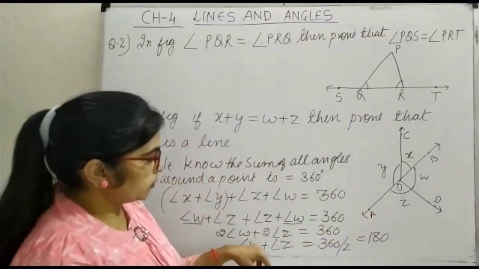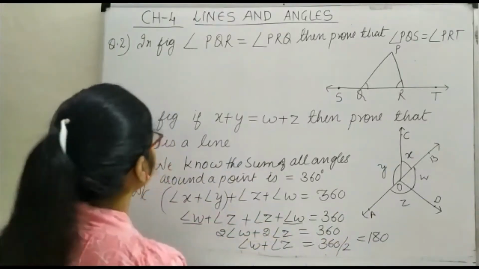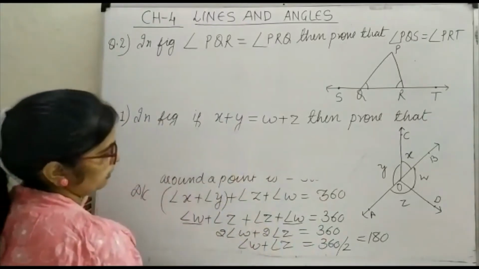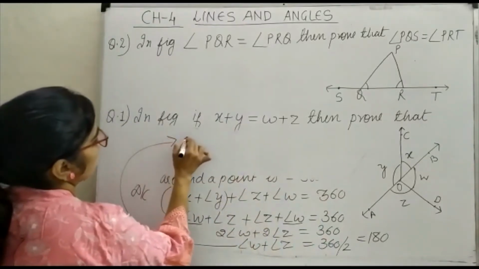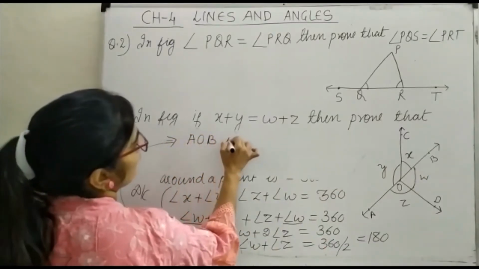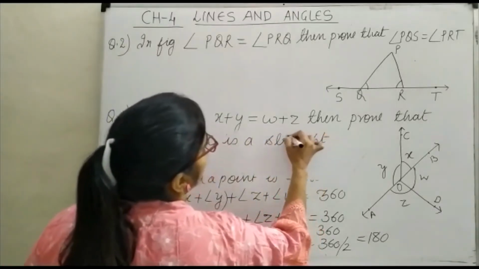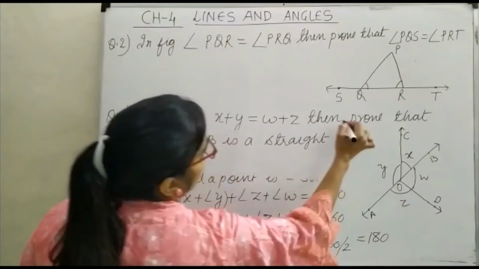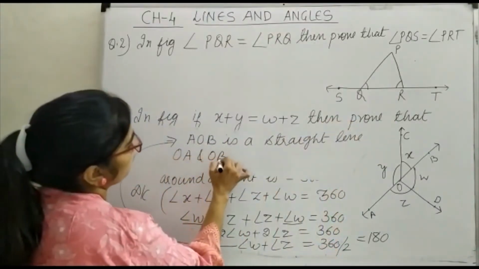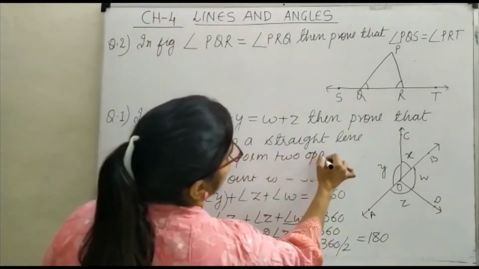If the sum of angle W plus angle Z is coming out to be 180, what does it imply? It implies that AOB is a straight line, or in other words you can say that OA and OB form two opposite rays.